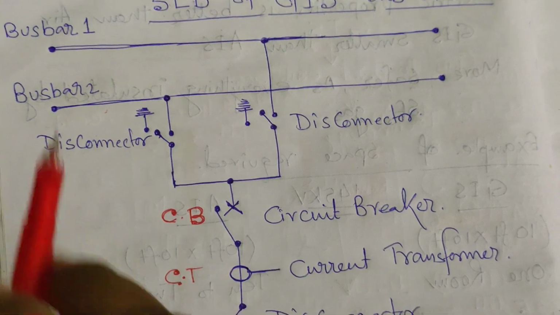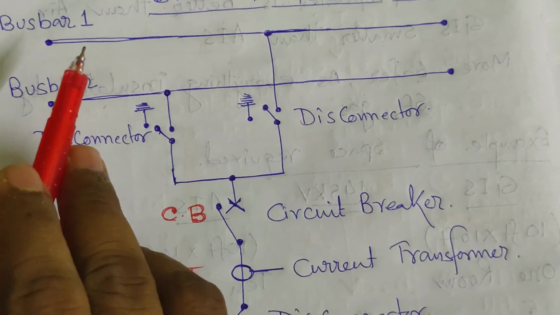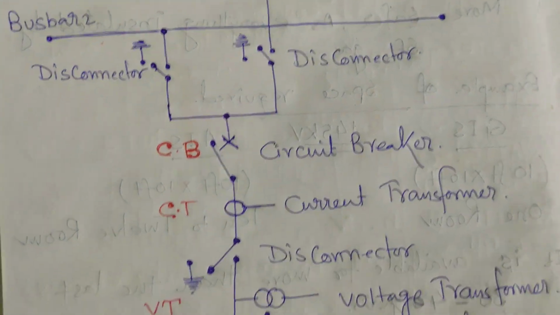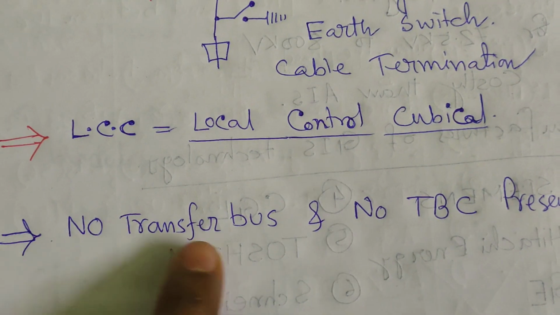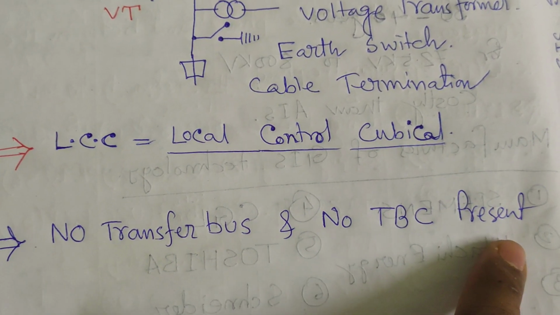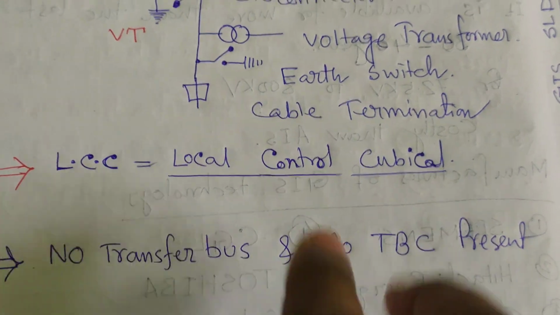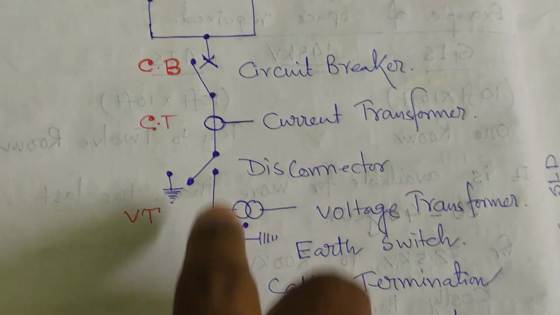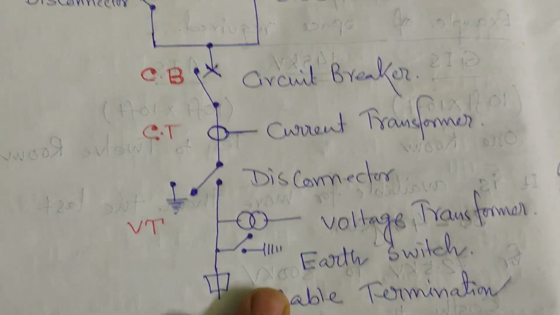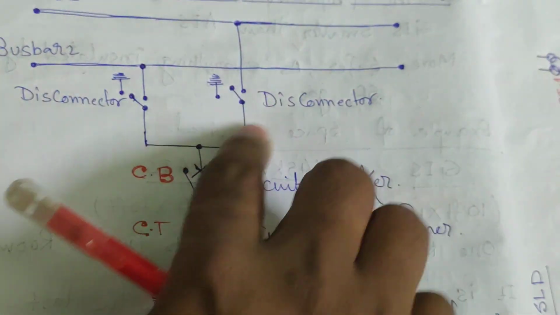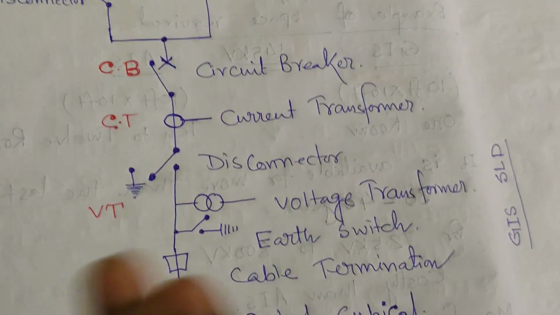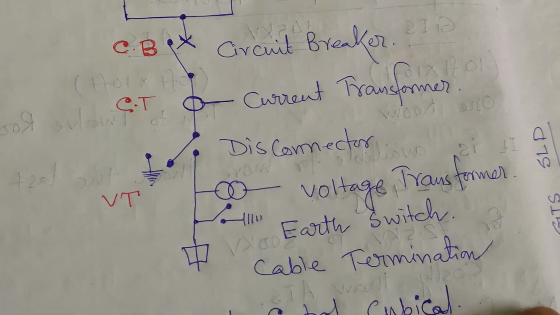You should remember that GIS systems have no transfer bus scheme. No TBC, transfer bus coupler, is present. No transfer bus and no TBC in a GIS system. You have to put a single feeder, single transformer bay or whatever in the system, with bus 1 connection or bus 2 connection, as per the nomenclature of the bay or feeder.